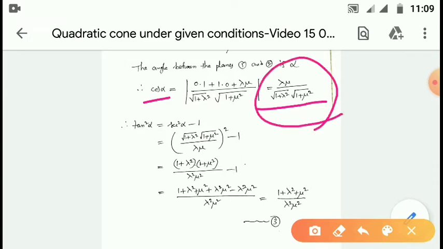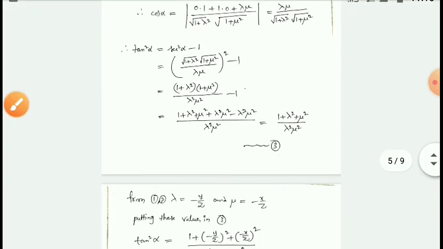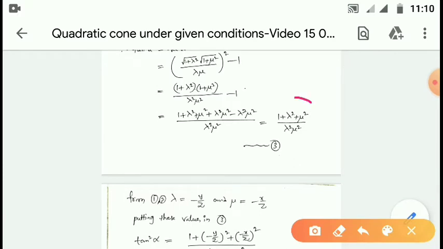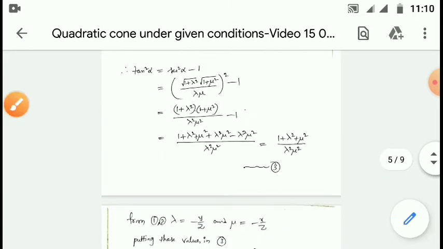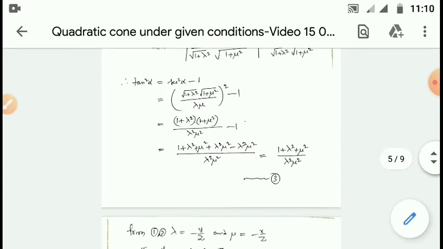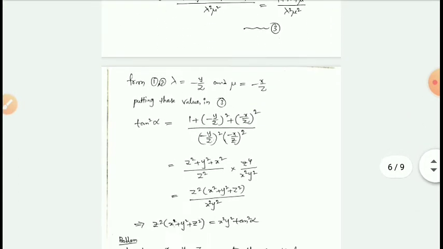Therefore secant square alpha is equal to root 1 plus lambda square into root 1 plus mu square by lambda mu, whole square, minus 1. So on multiplying and simplifying, 1 plus lambda square into 1 plus mu square by lambda square mu square minus 1, simplifying the entire equation, finally we will get 1 plus lambda square plus mu square by lambda square mu square. This is tan square alpha.